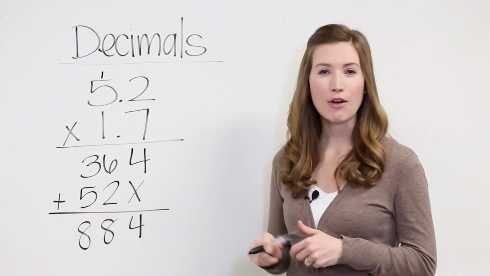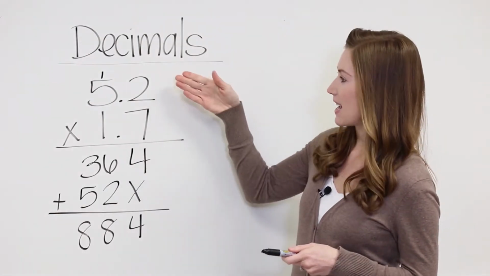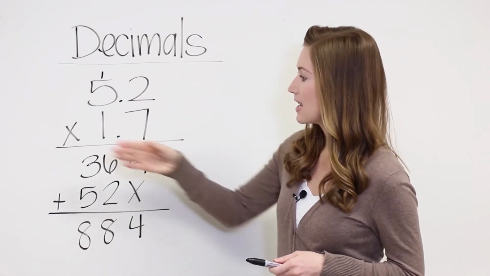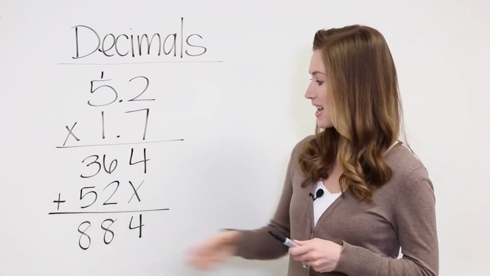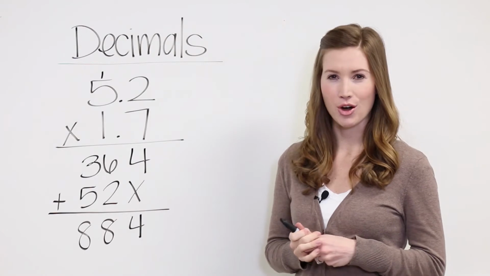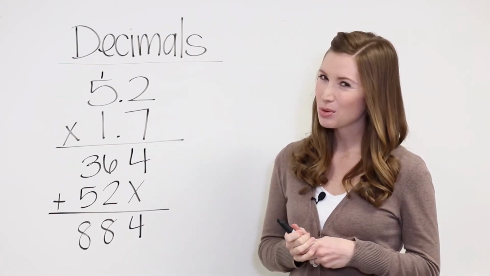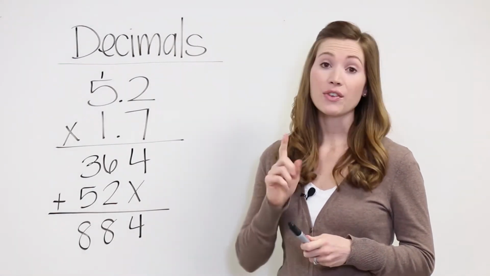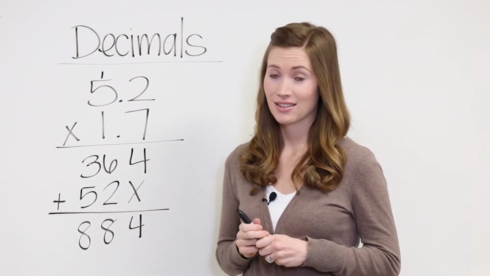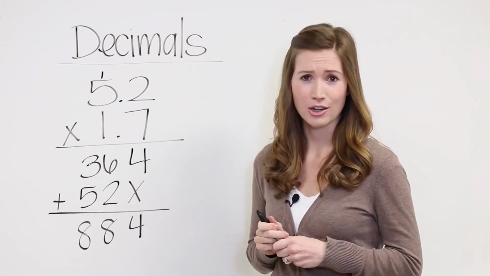Now, if I don't account for my decimals, that's saying that 5 and 2 tenths times 1 and 7 tenths is 884. Does that sound reasonable to you? If you said no, you're correct. This number is way too large.